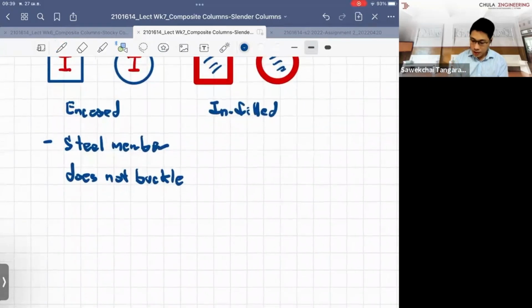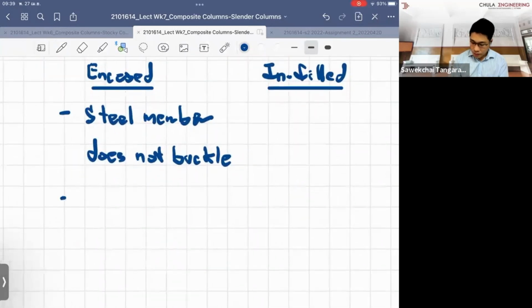This is the nice property of it. However, for the concrete, it only comes with partial confinement.